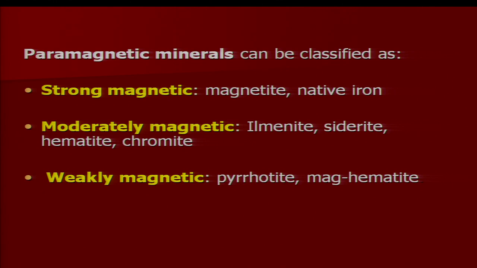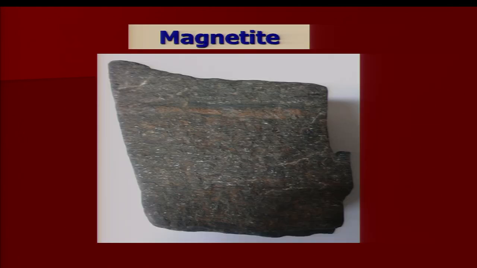I mean, when magnetite undergoes alteration, it loses a certain amount of attraction towards the magnetic field and forms hematite, which is also a weakly magnetic mineral. So, weakly magnetic minerals include magnetite altered to hematite. I am showing you a picture of magnetite.